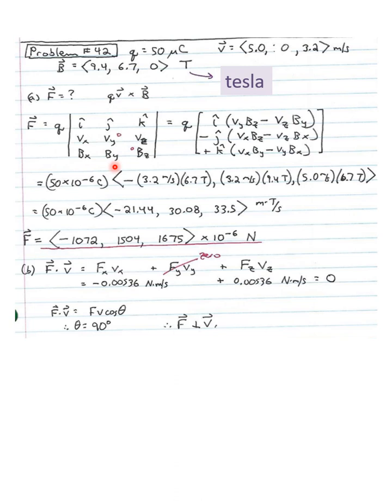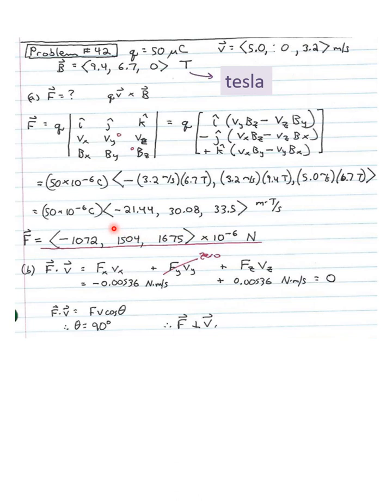But just in general, it's going to be i hat times VyBz minus VzBy, minus j hat times VxBz minus VzBx, and you can see I've written all this to the right, plus k hat VxBy minus VyBx. And now we can plug in all those values as I've done here. Here's our i hat, our j hat, and our k hat component.